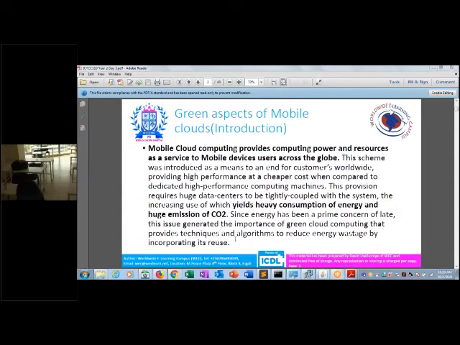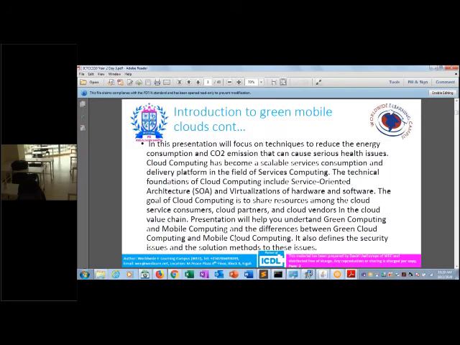So, introduction to green mobile computing. We are continuing. In this presentation, we will focus on techniques to reduce the energy consumption and the CO2 emission that can cause serious health issues. The CO2 emission provides serious health issues.